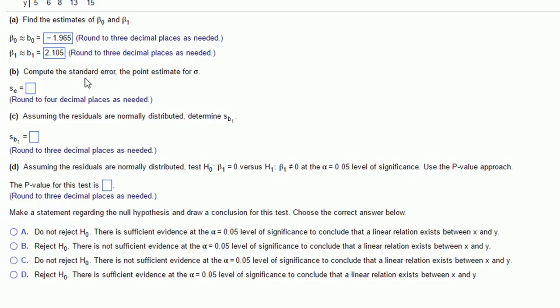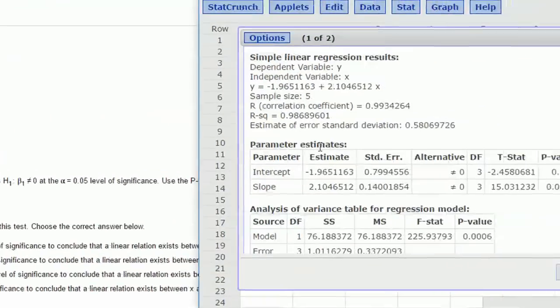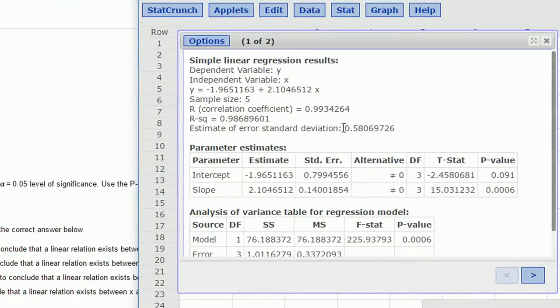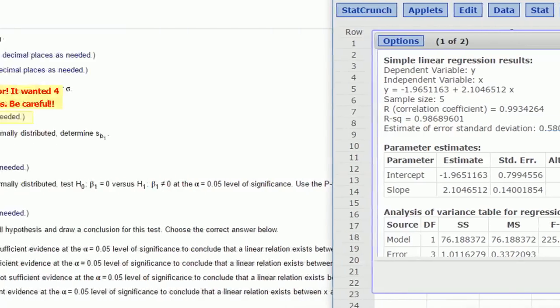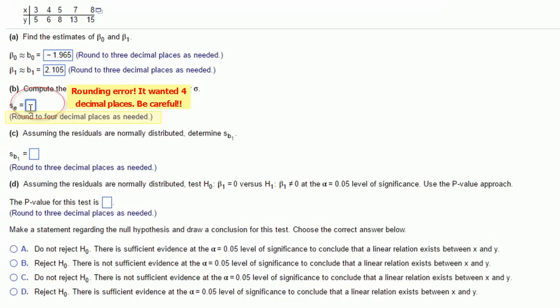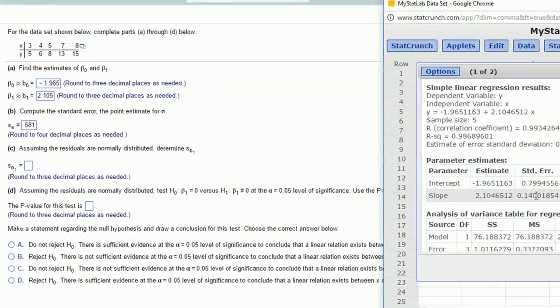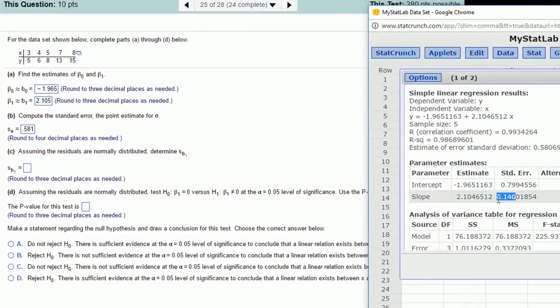The standard error is given right here in my output, and I want 3 decimal places, so that's going to be 0.581. Assuming residuals are normally distributed, the standard error of b1, that's going to be the standard error of the slope, is given right here, 0.14.